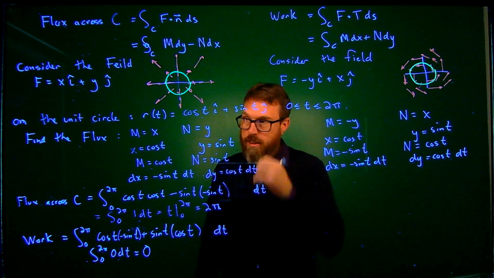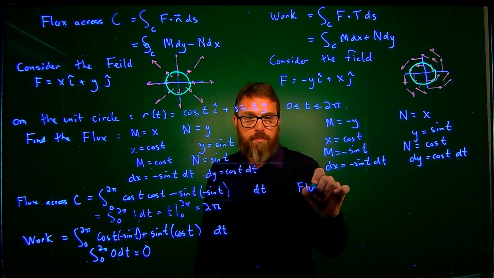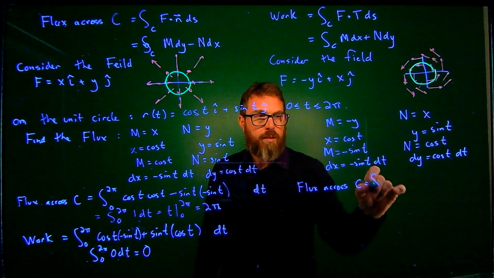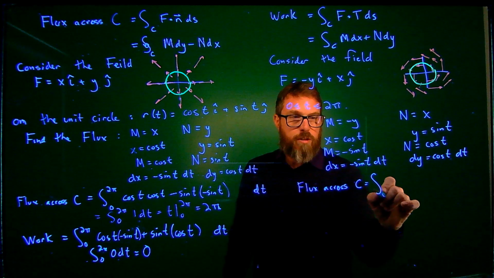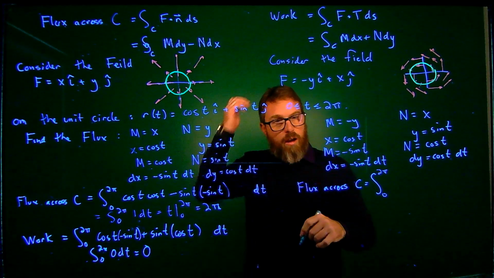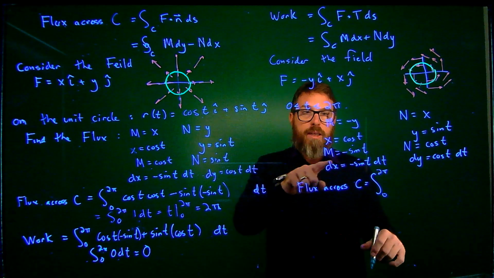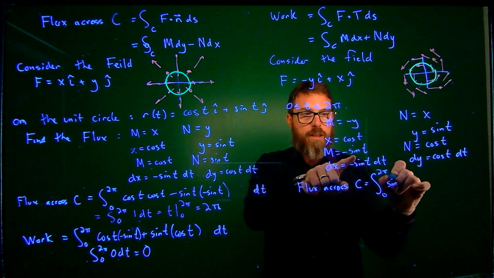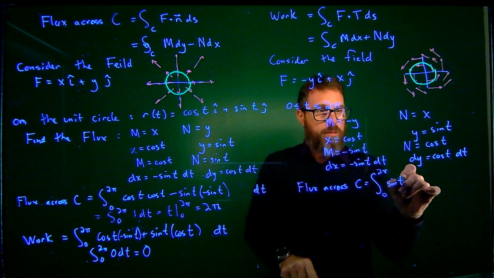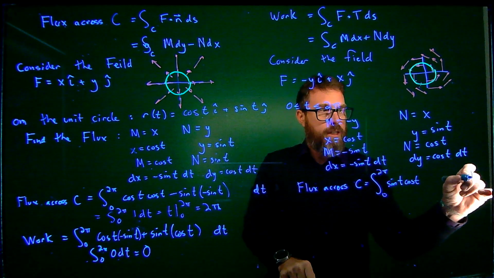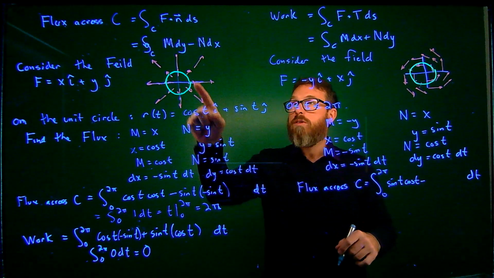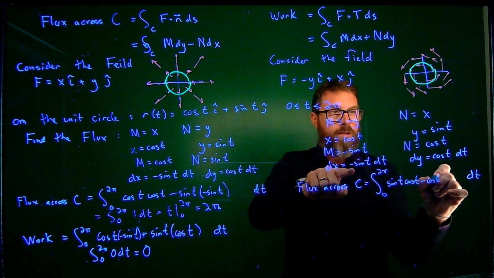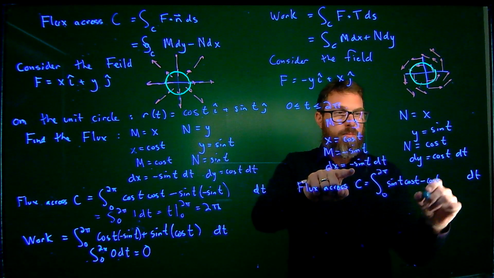So finally, I can set up the flux. The integral from 0 to 2 pi of m dy, so m is minus sine of t, dy is cosine of t dt, minus n dx, so n is cosine of t, and then dx is going to be minus sine of t.